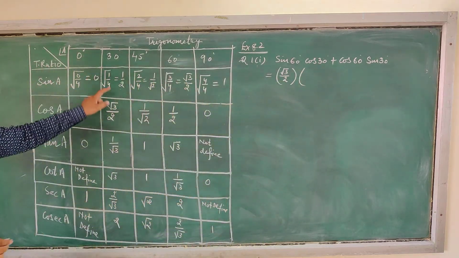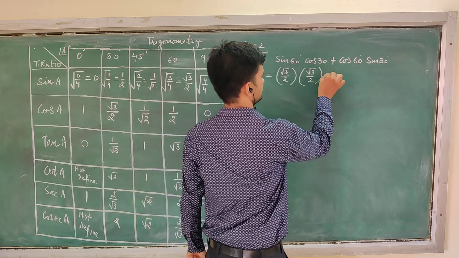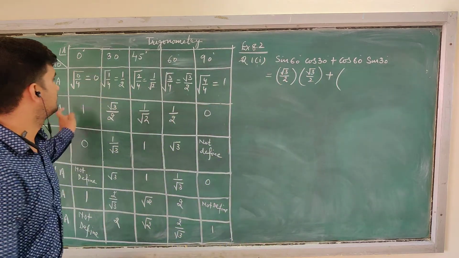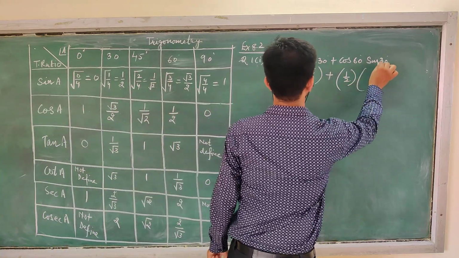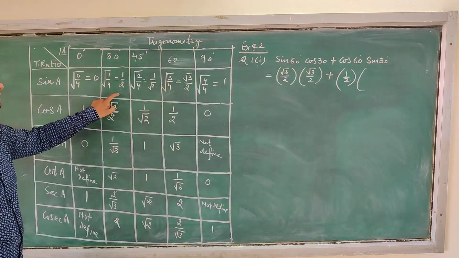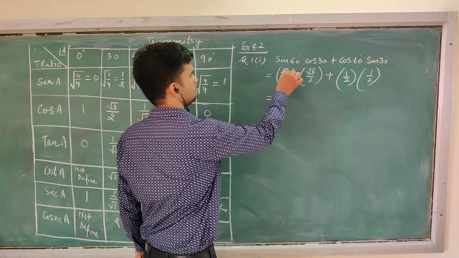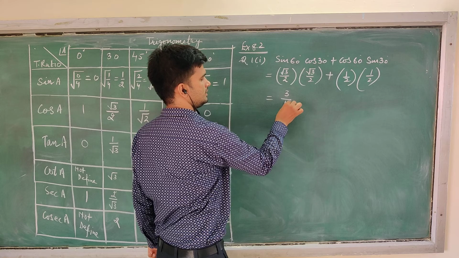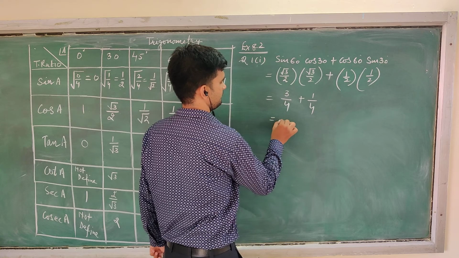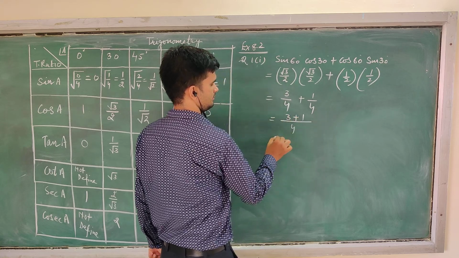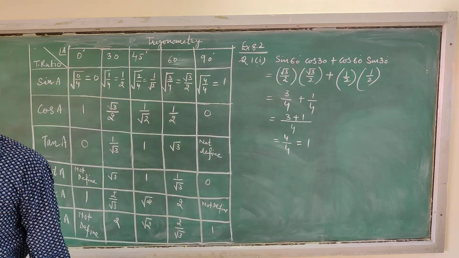Cos 30, it is root 3 by 2. Then cos 60, it is 1 by 2. Then sin 30, it is 1 by 2. So root 3 into root 3, it will become 3. 2 into 2, 4. And this is 1 by 4. So it is 4 by 4 equals to 1. So this will be your answer.